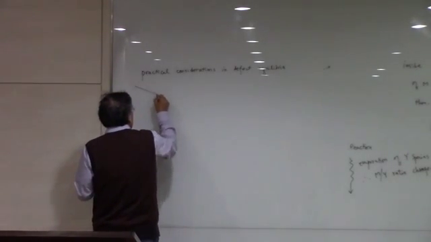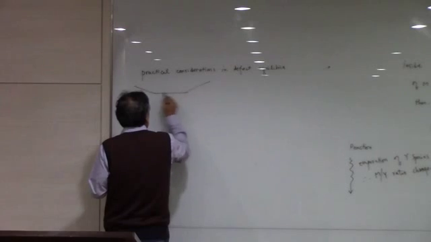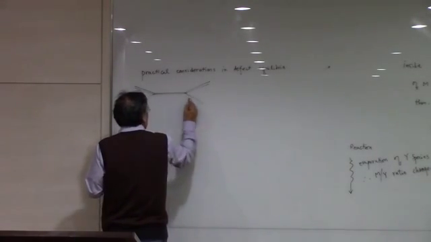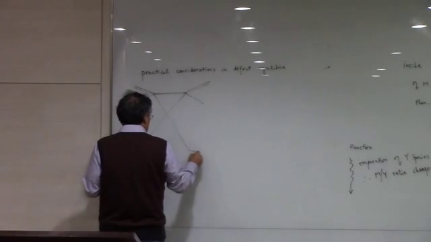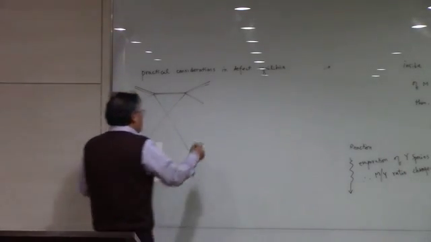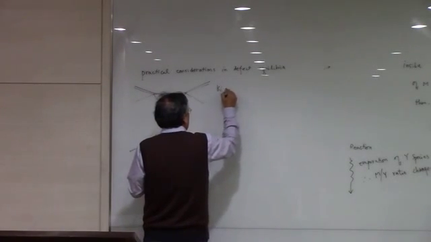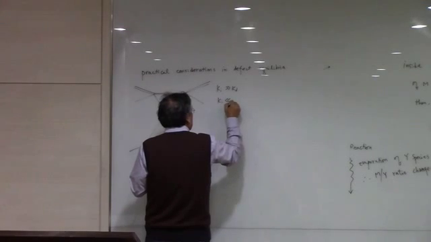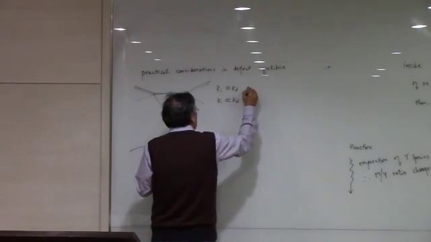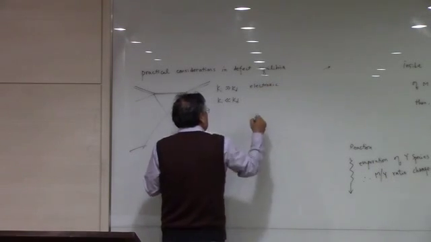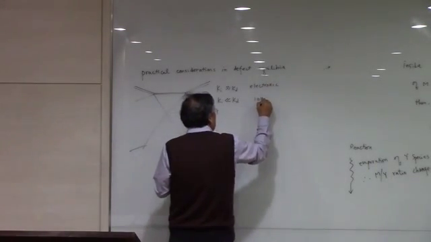We have defect equilibrium diagram like this, and then we have two cases, Ki greater than Kd or Ki less than Kd. Okay, this is electronic material, and this is ionic material, right?